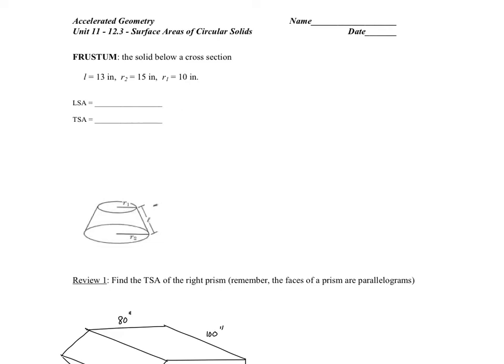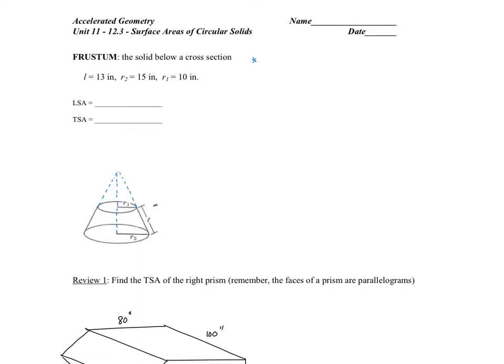Let's look at one last circular solid. It's known as a frustum. We're going to think of it as a big cone minus the little cone, where we can use right triangles to find unknown dimensions.